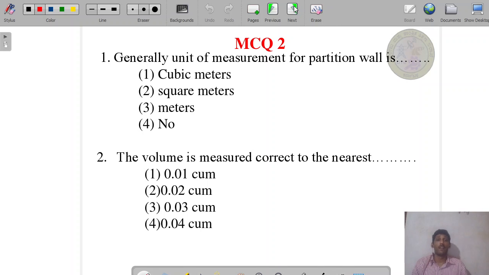These are some of the units and measurements which are to be considered in this estimation subject. This is very important because this is the introduction chapter. In this chapter itself you have to study all this material.